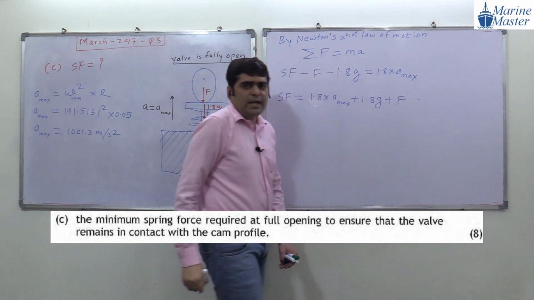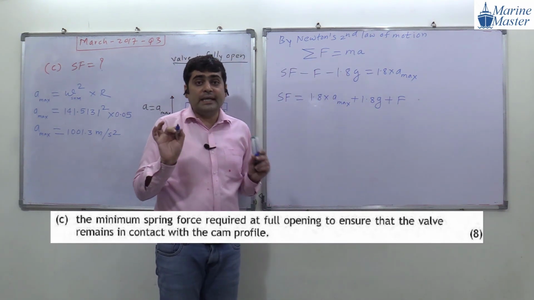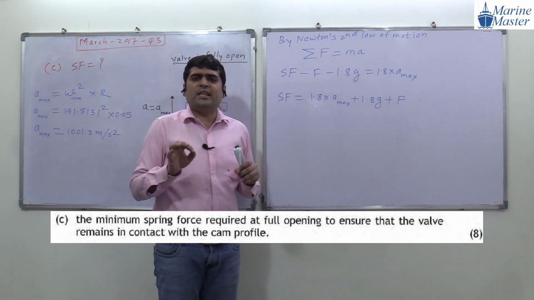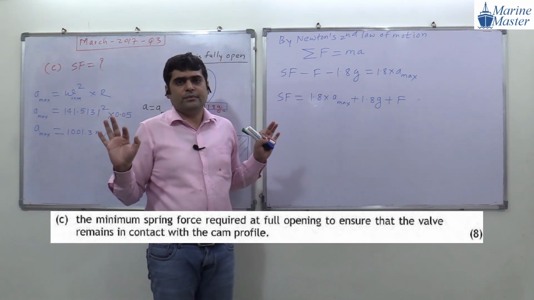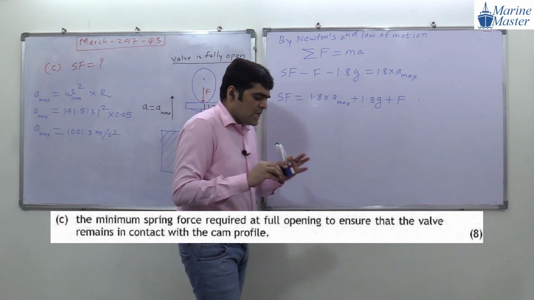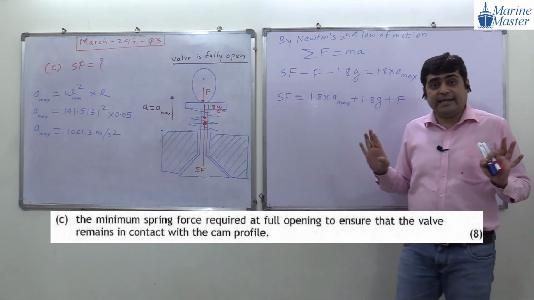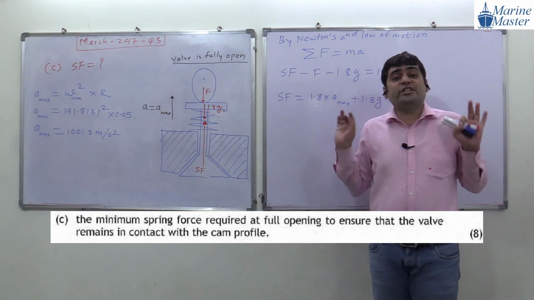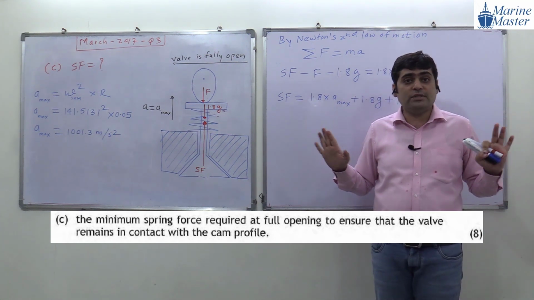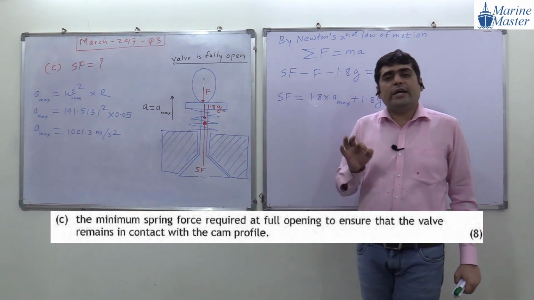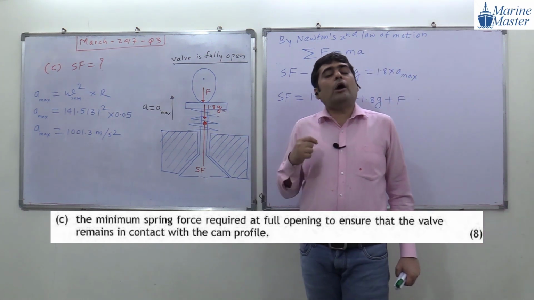Now guys, I told you in the beginning of this C part, don't think too much on this question. If you need the lowest value of SF, just think mathematically. What we need here is the lowest value of spring force. And how to get the lowest?